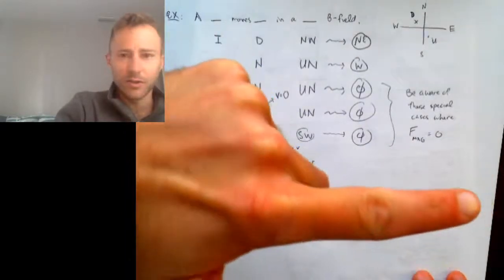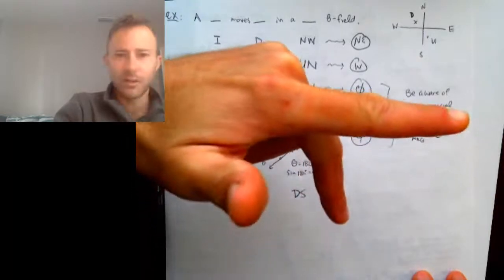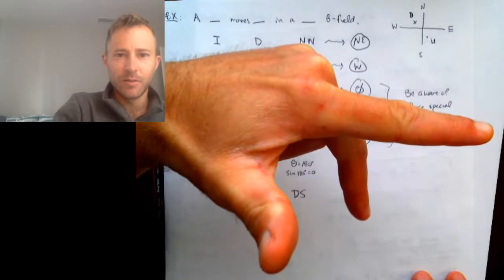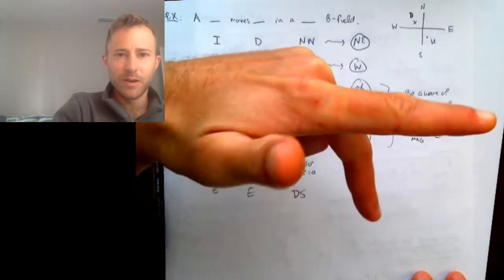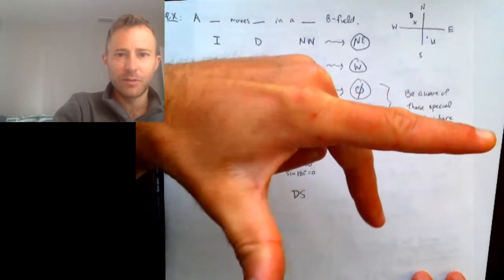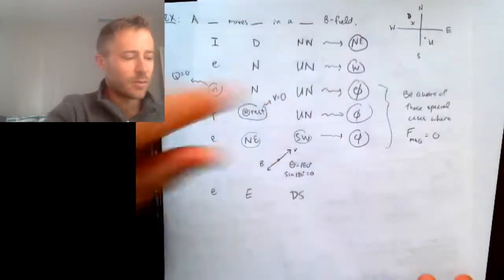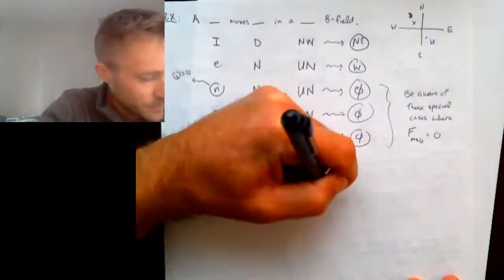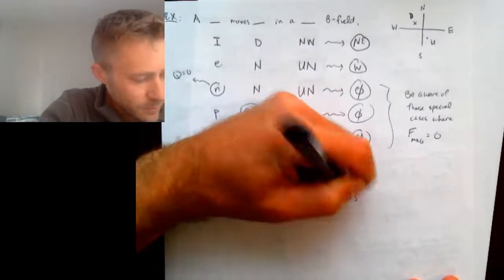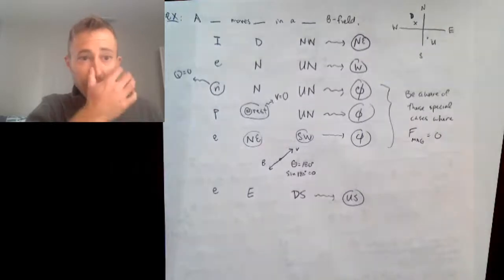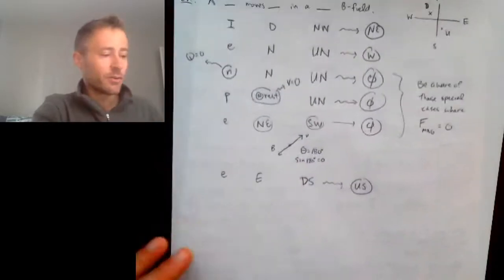So down south is like halfway in between, so it's like this. And so I can see that my thumb is not pointed up, it's not pointed south, it's pointed halfway in between up and south, which is the up-south direction. So that is how the direction of the magnetic force works.